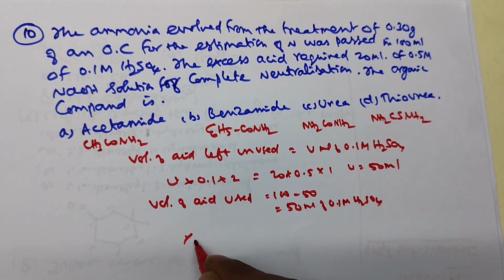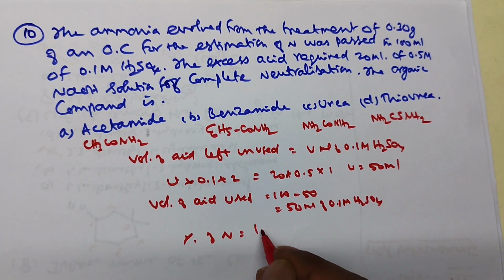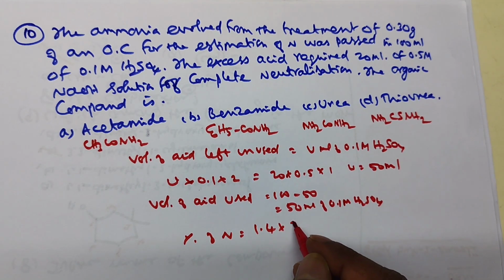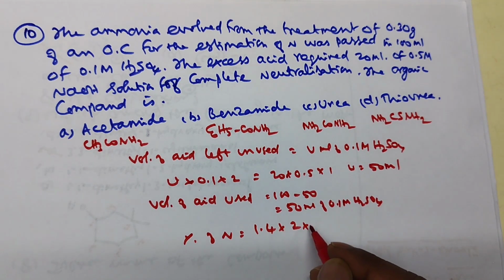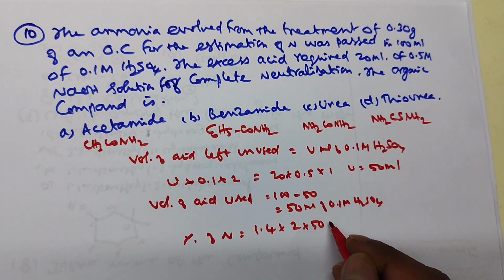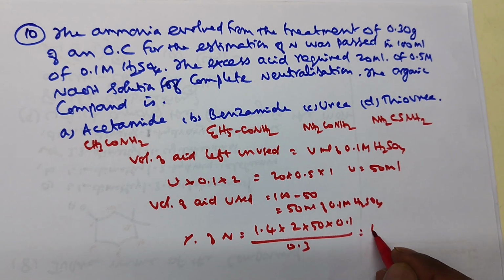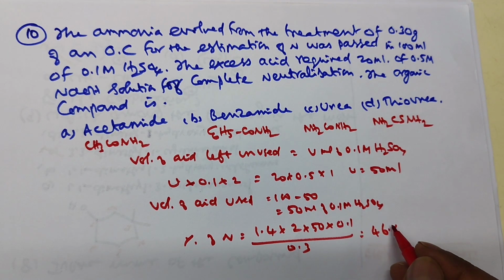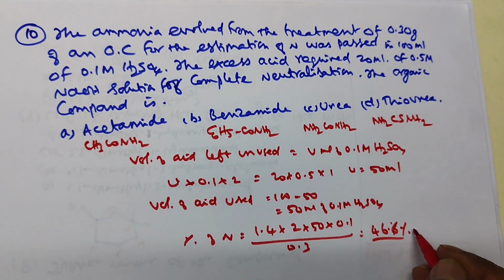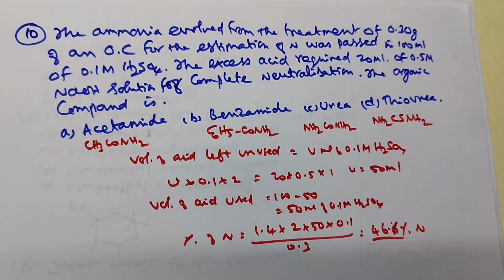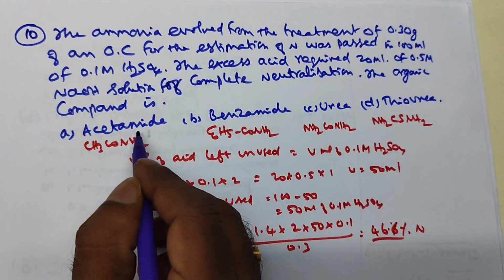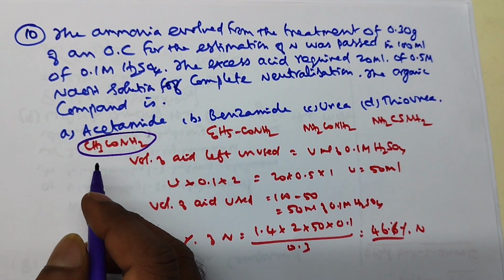Now the percentage of nitrogen is equal to 1.4 into basicity of the acid, which is 2 for sulfuric acid, into volume of acid used, which is 50, into molarity of the acid, 0.1, divided by the mass of the organic compound, which is 0.3. If we simplify, we get 46.6% nitrogen in that particular organic compound. Now you have to find the molar mass of each compound.